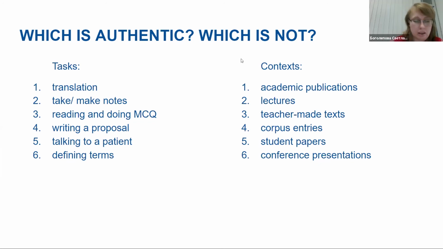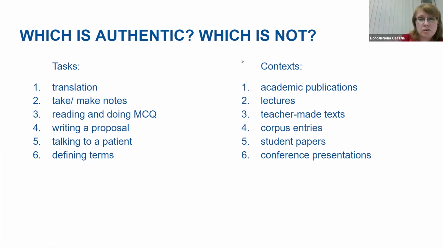Translation, I agree, because it's a task that only translators do on a regular basis. Actually, in real life, engineers or medical professionals need translation very, very rarely, maybe never.